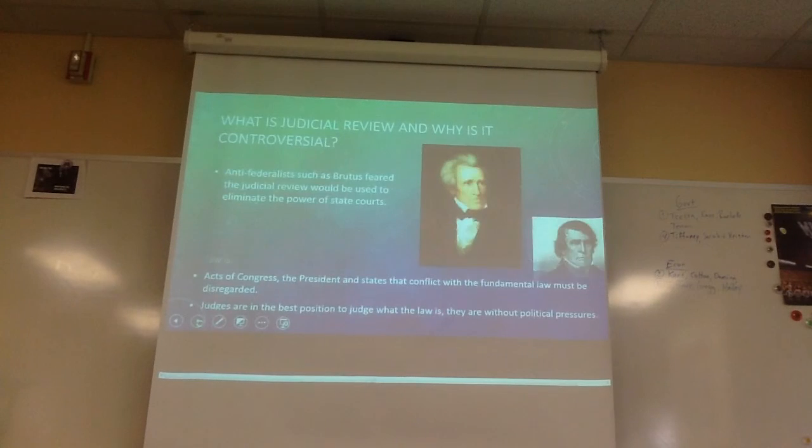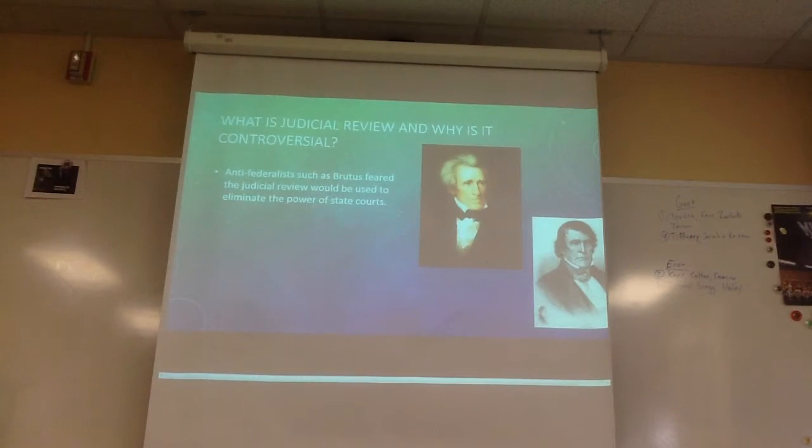All right, continuing why it was so controversial. Anti-Federalists such as Brutus, which was probably Robert Yates, feared that judicial review would be used to eliminate the power of state courts. And he would argue essentially that they could make state laws unconstitutional by simply saying that they are unconstitutional.